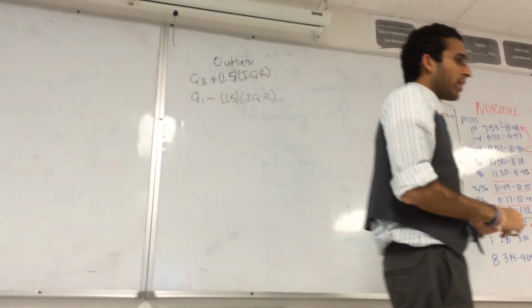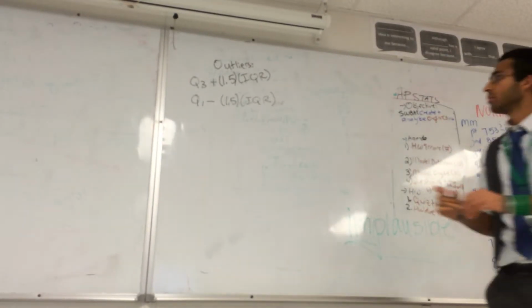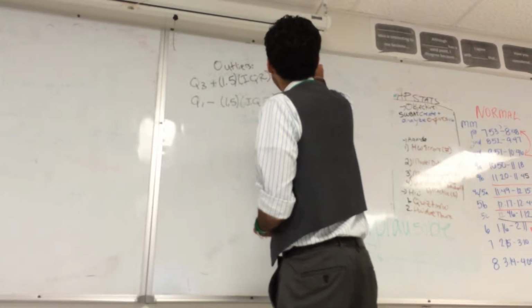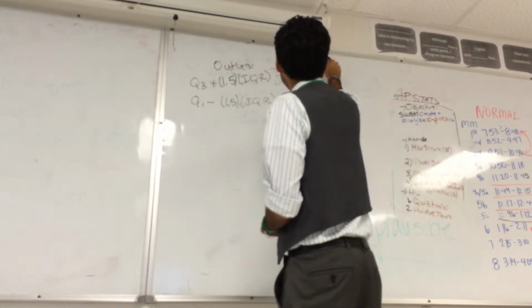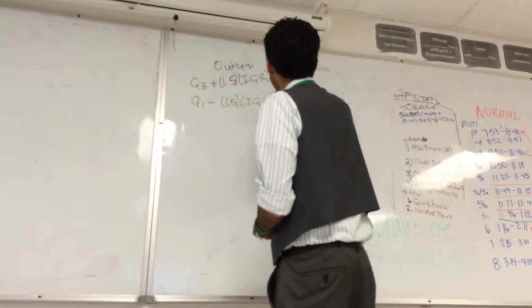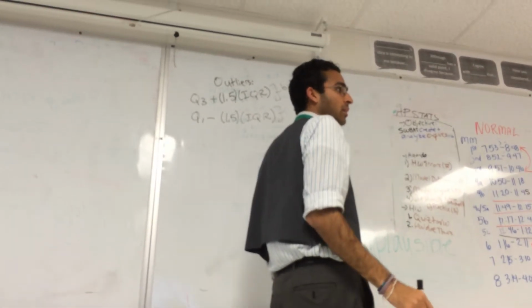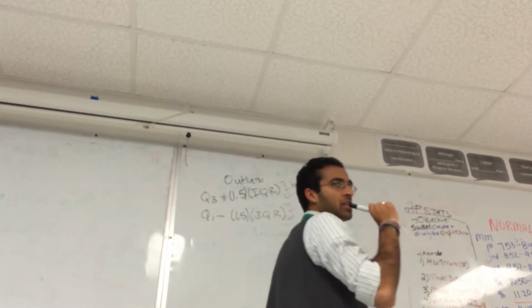So any data point that is bigger than this or less than this value, we have an outlier.